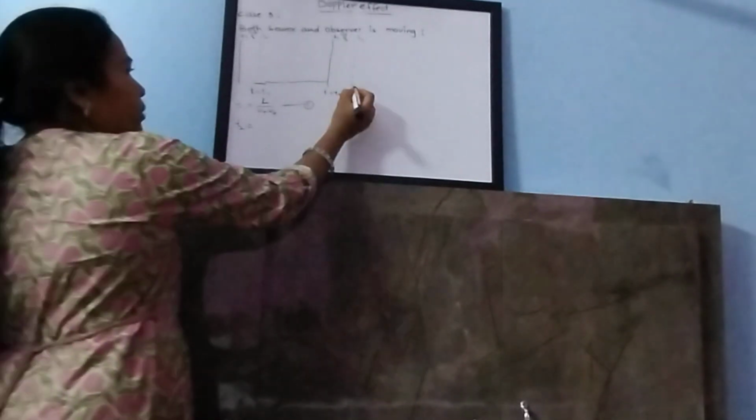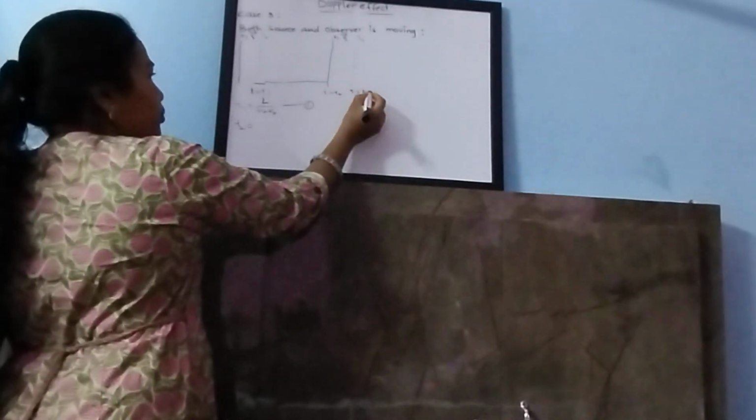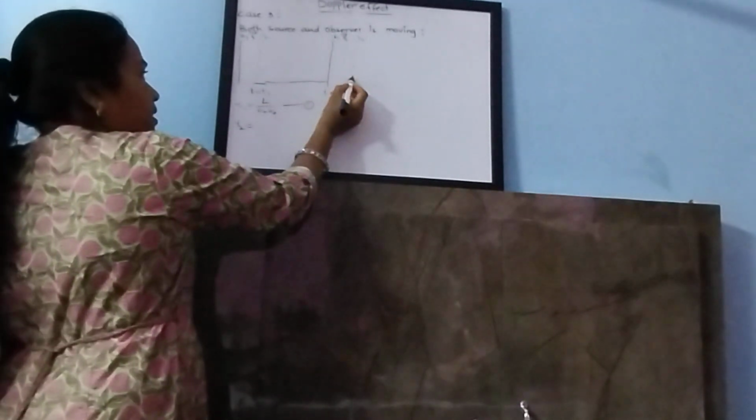Then at t2 time the source releases the second crest, and the observer moves forward to the O3 position, where the crest reaches the observer at t2 time.